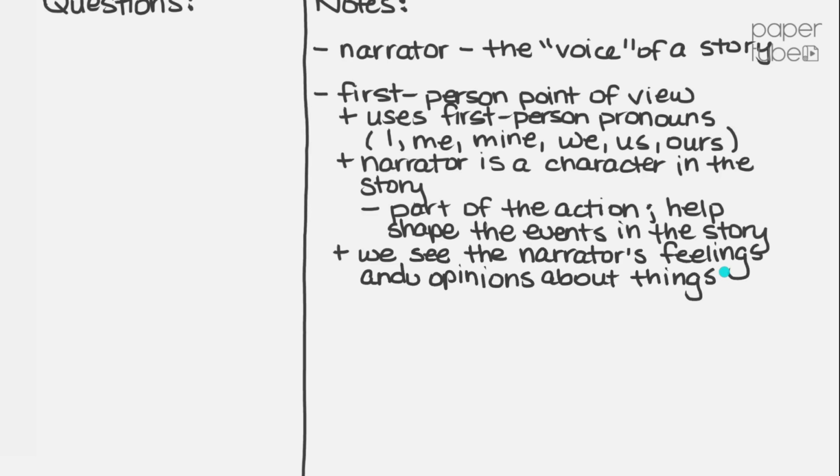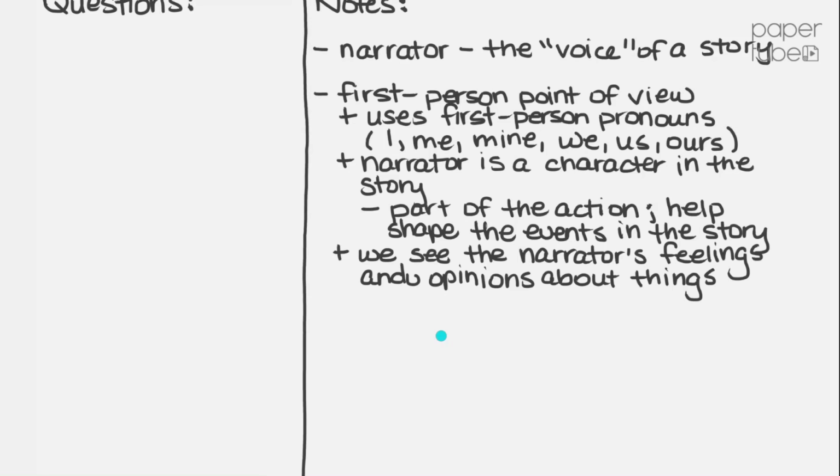Okay, so you might wonder, why would an author choose to tell a story from this first person perspective? They might do it if they're really wanting to focus on one point of view.